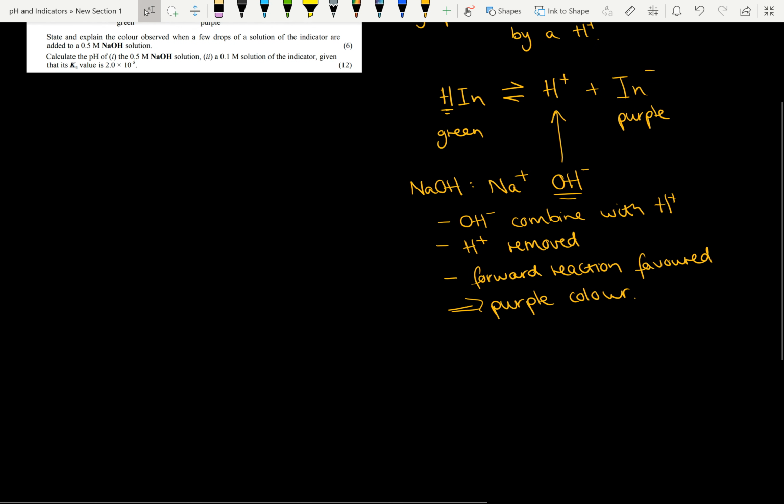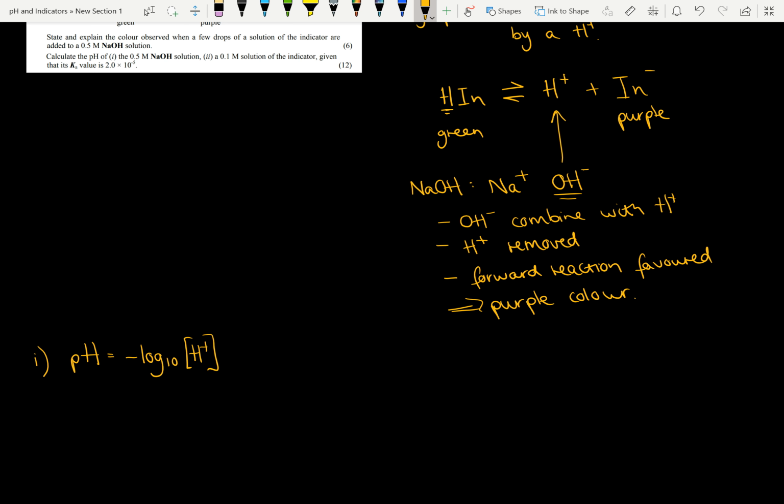Finally, then, they give us two calculations. So the first one is to calculate the pH of a 0.5 molar sodium hydroxide solution. Okay, so we have our equation for calculating pH. We know that it is minus the log to the base 10 of the hydrogen ion concentration.